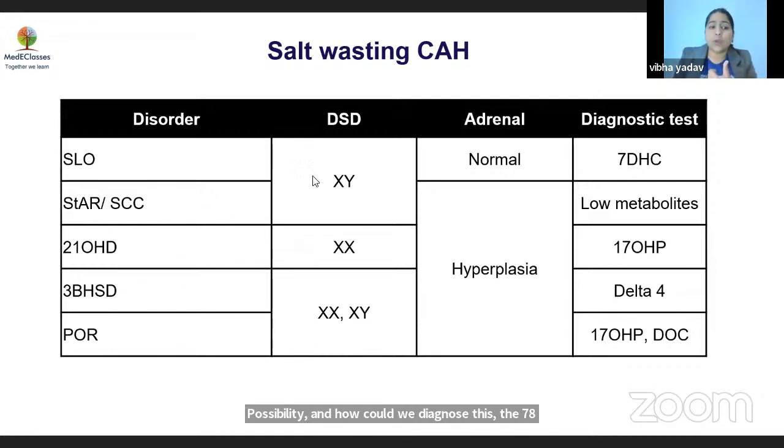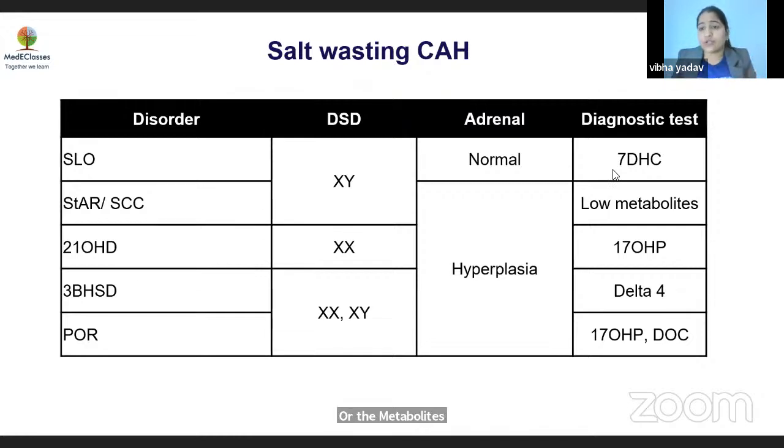In the condition where there is salt wasting, XY DSD, but there is hyperplasia of the adrenals, we can suspect StAR and SCC. SCC is side chain cleavage. All the metabolites, sodium, potassium, androgens, everything will be low here.